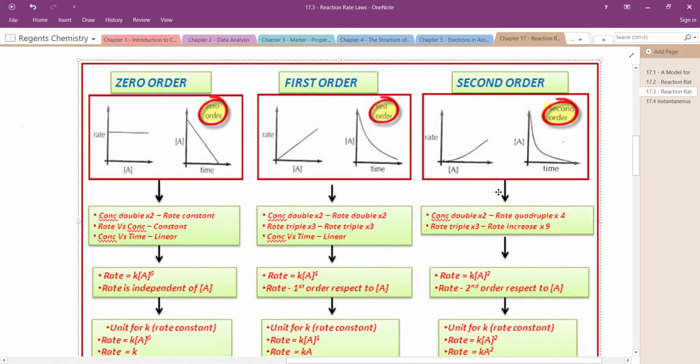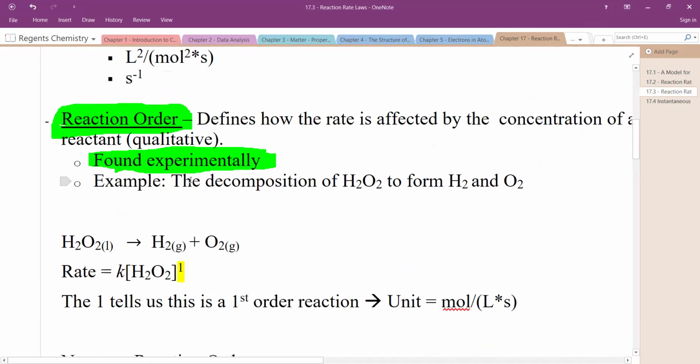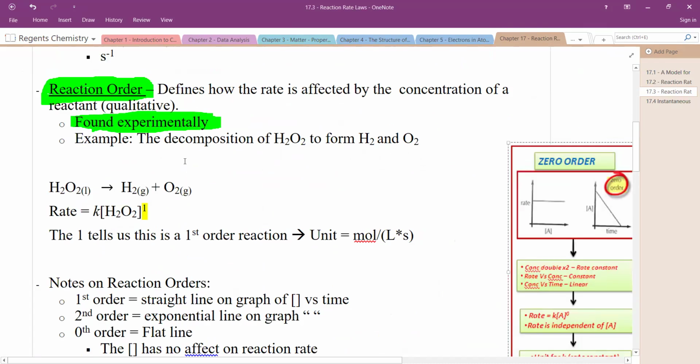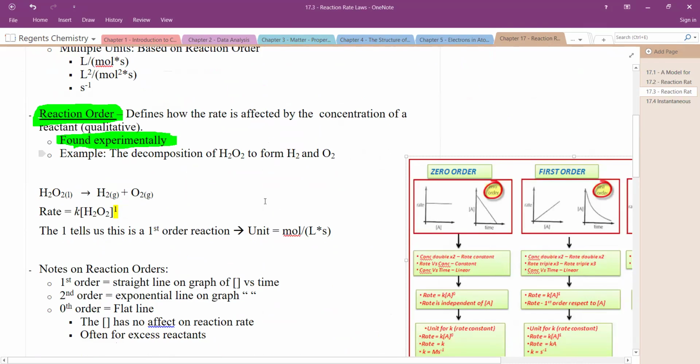Well, that isn't a linear relationship. That is an exponential relationship. And so we say that would be a second order reaction, or we would raise our concentration of A to the power of 2 for that rate law. Okay. So again, our reaction orders, these are things that we find experimentally, right?